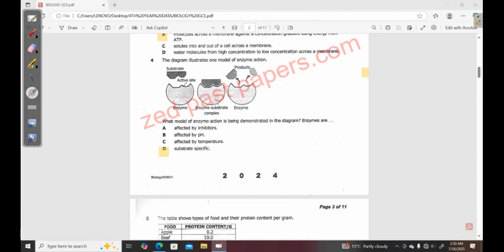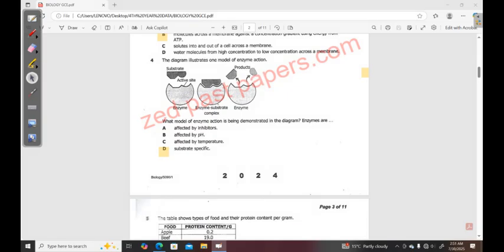So this is just telling us that enzymes are specific, because there is a specific enzyme for a specific substrate. You can see how this substrate is shaped in such a way that it fits right in there. If there's another substrate with a different shape, it's not going to be able to fit within this active site, and that particular chemical reaction will not take place.